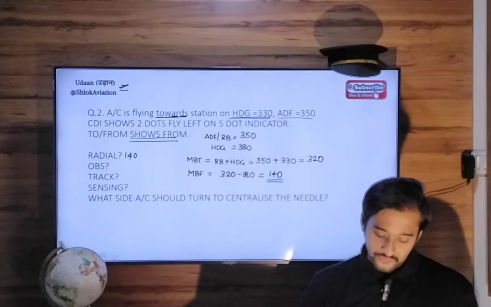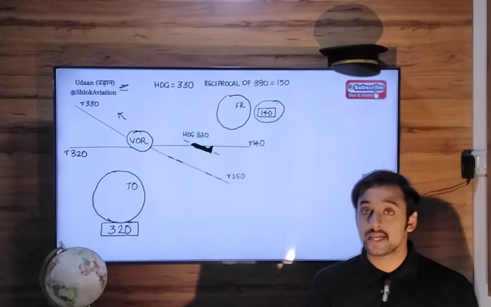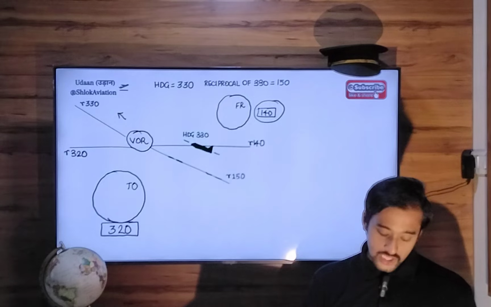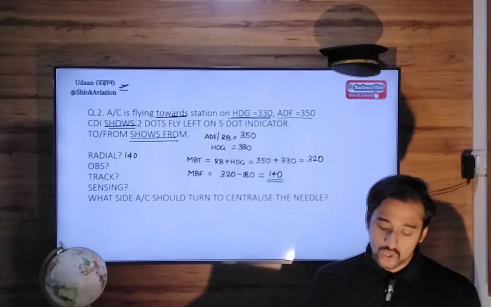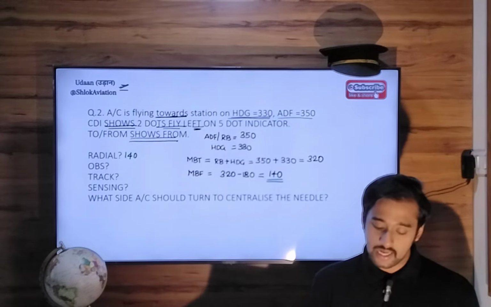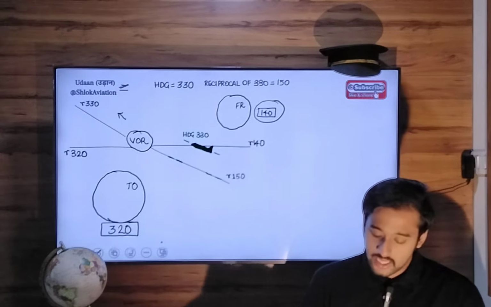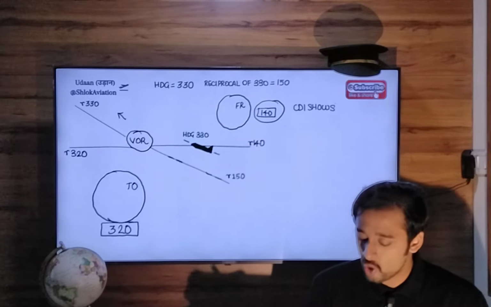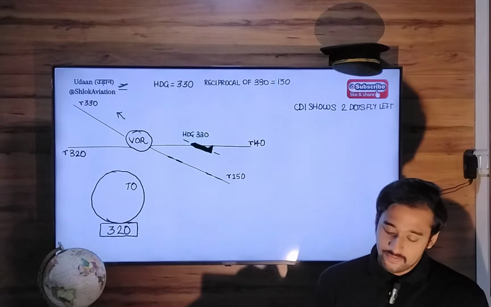So now we have to find out what OBS setting the pilot has actually put. 140 is what I think, but the question has given us one particular hint: the CDI shows two dots, fly left.